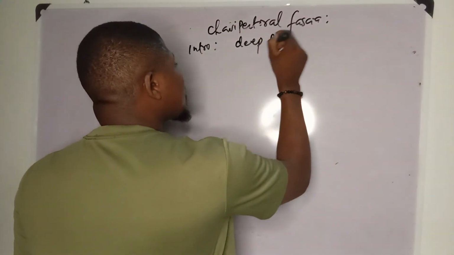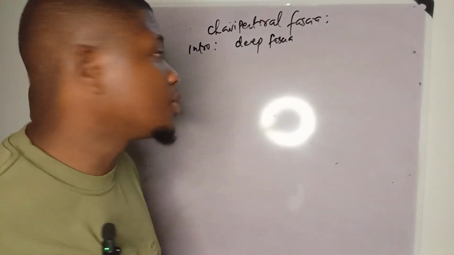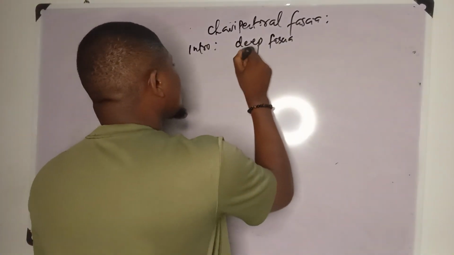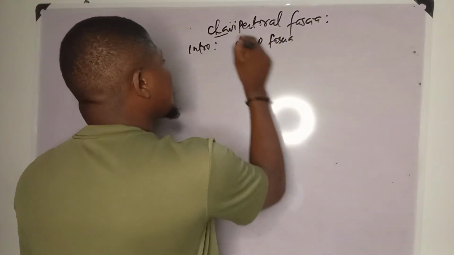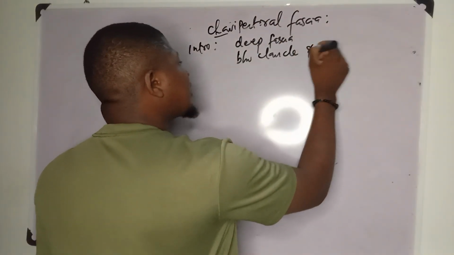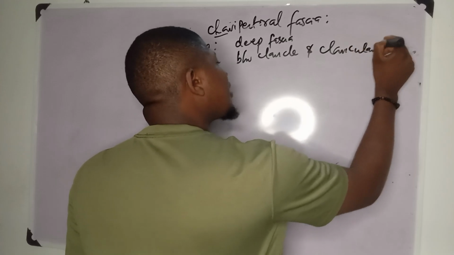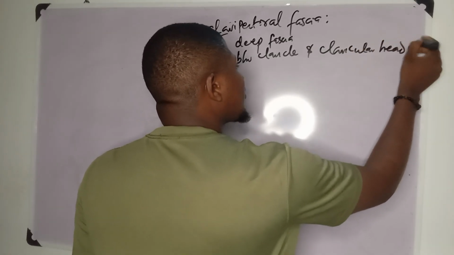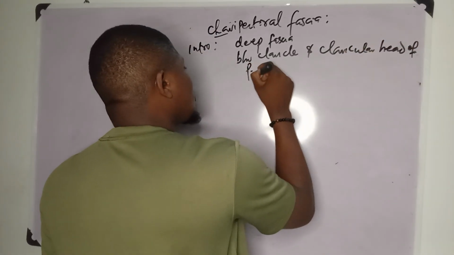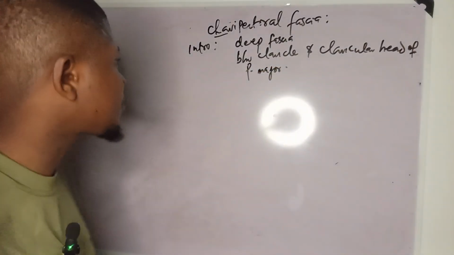So it's a deep fascia of the pectoral region between the clavicle and the clavicular head of pectoralis major.